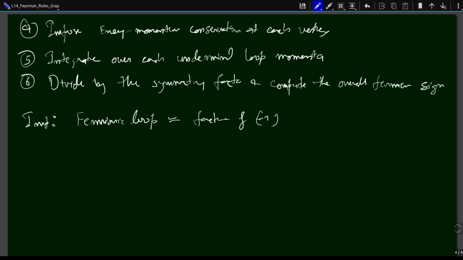In the loop, you always have an even number of fields because each propagator comes with 2 fields. When you sequence them together, there's one field which has to be taken all across to the other side, which means only an odd number is left, so it always gives you a minus sign. So a fermionic loop will always get a minus sign.